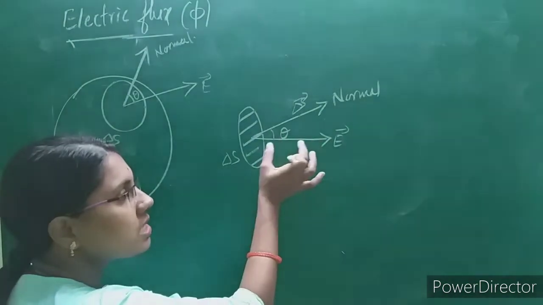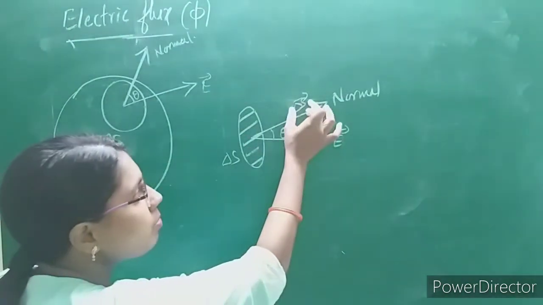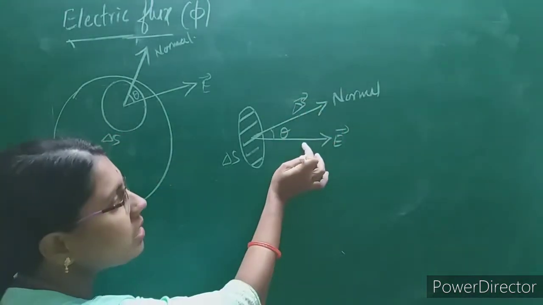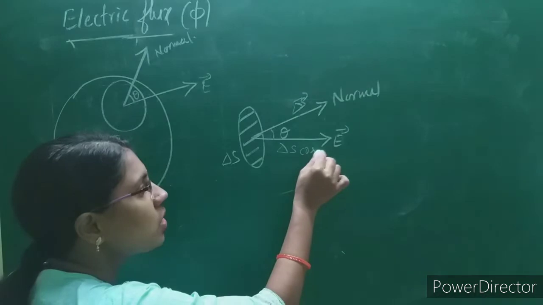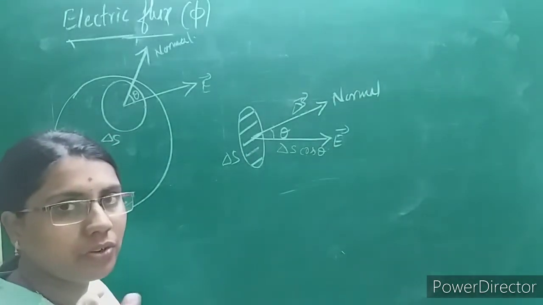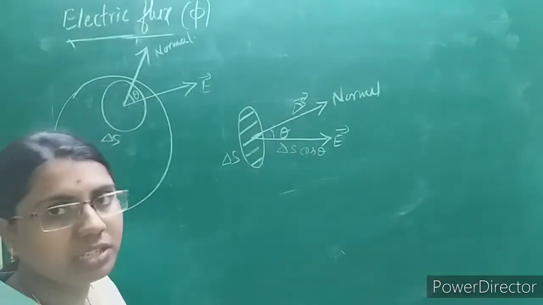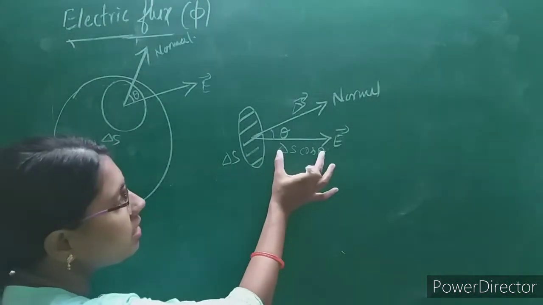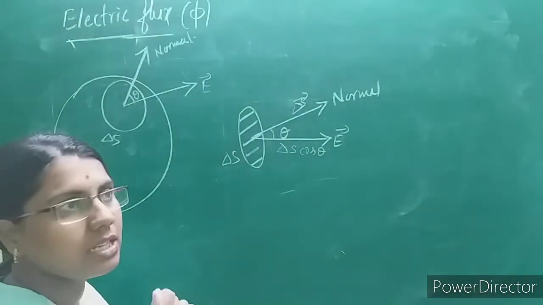Since it is adjacent to this area vector, the component of the area vector along the direction of the electric field is delta S cos theta. We have to consider the area element along the direction of the electric field only.